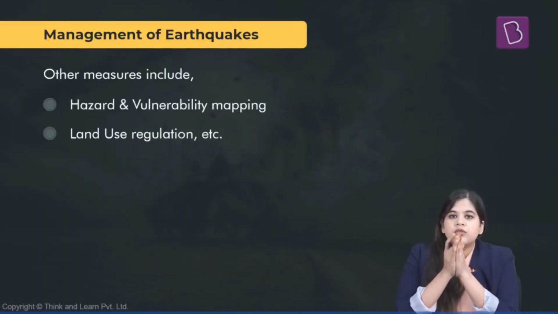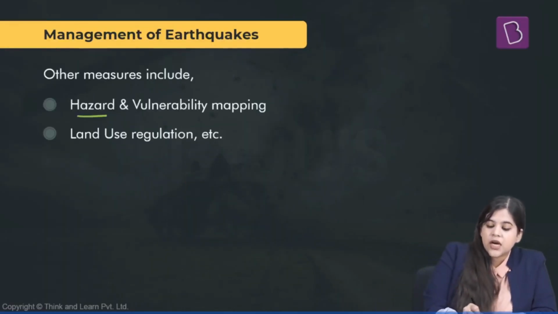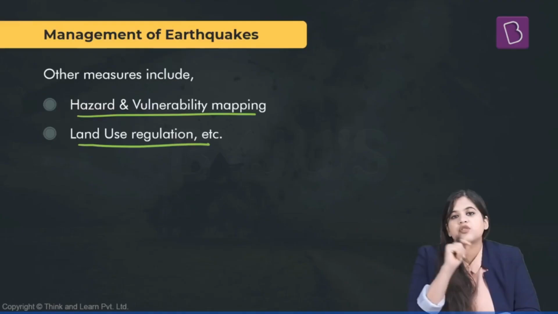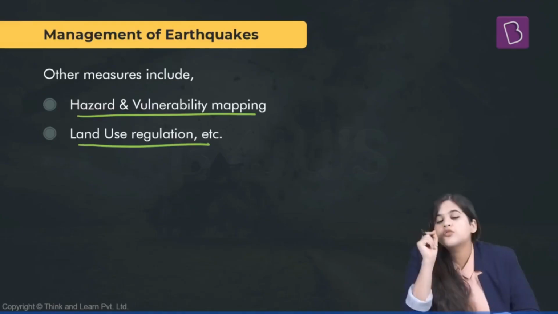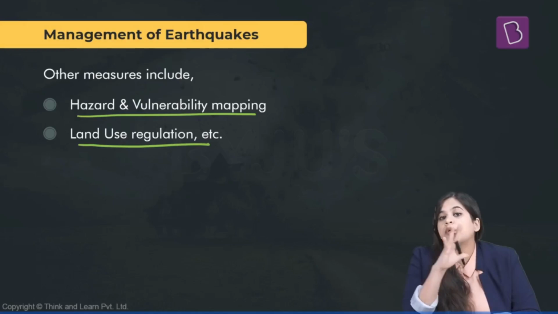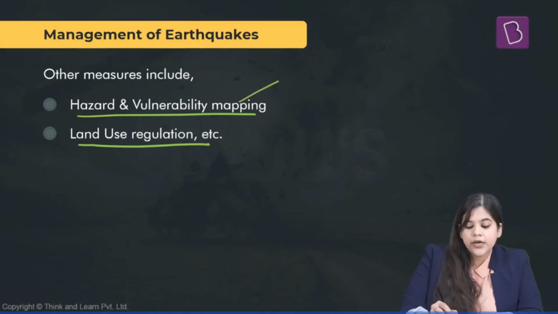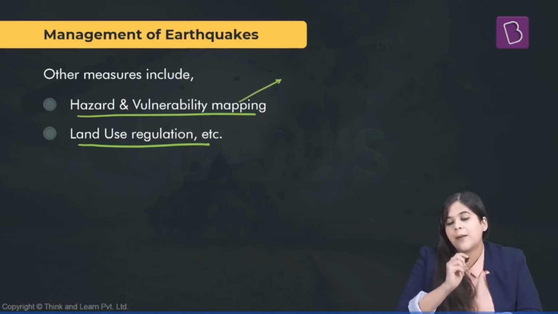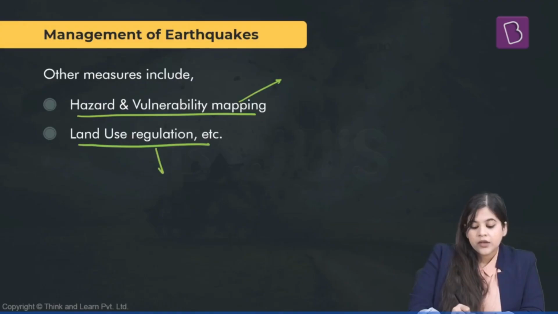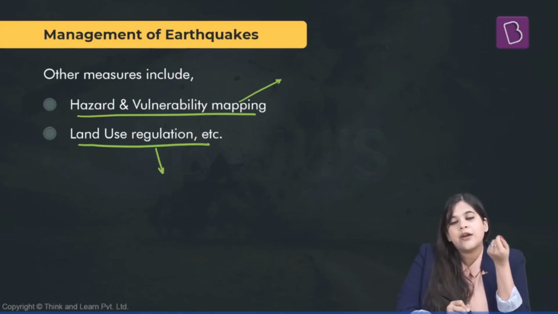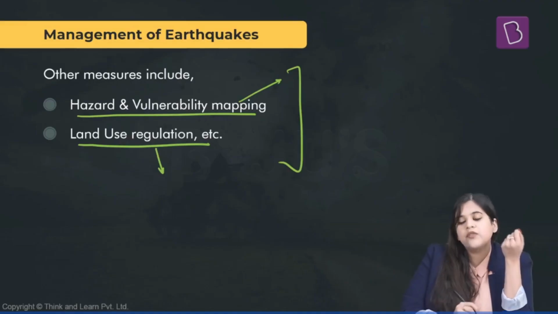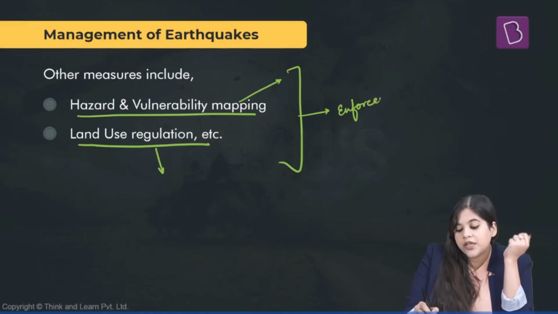Apart from these measures, certain other measures like hazard and vulnerability mapping and land use regulation can also be taken up so as to ensure that the earthquake hazard does not turn into a disaster. We have already done hazard and vulnerability mapping in India. There are also rules for land use regulation, but for both of these, it is very essential that enforcement should be in place.